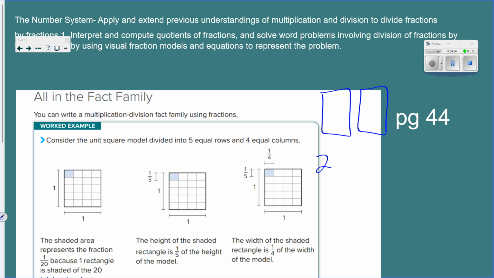So I'm going to divide these into 4. Okay? So each of these 2, I'm going to cut them into 4. Does everybody agree that my 2 have now been cut into 4s? So mathematically, what number would I write that I just cut them into? 4. Okay? So I took the 2, I divided them into 4s. Now, can someone count how many pieces do I now have?